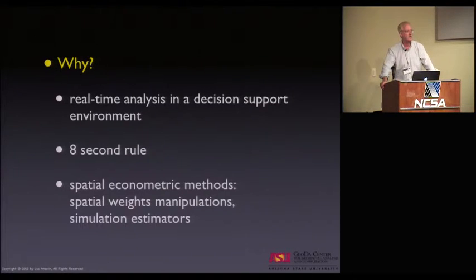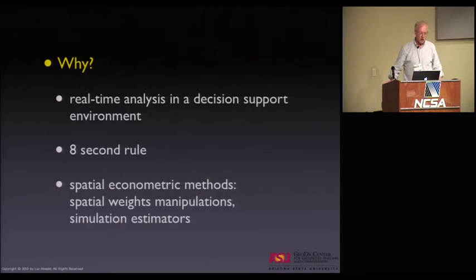So these are the kinds of situations where we need fast turnaround, even though we may not have the petabytes of data sets that need to be manipulated. We do need to run these models, and the rule of thumb is 7-8 seconds turnaround in real decision environments. And for many of the models, you simply cannot get that kind of performance unless you go to HPC. You can't get it on the desktop.